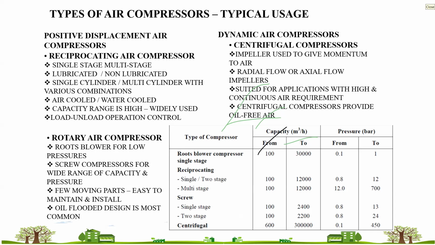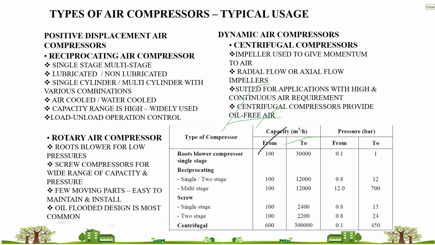Then in screw compressors, there are pressure ranges across industries. A single stage screw compressor can deliver up to 1000 cfm, 700, 800 cfm, with a pressure range of 6 bar to 13 bar.